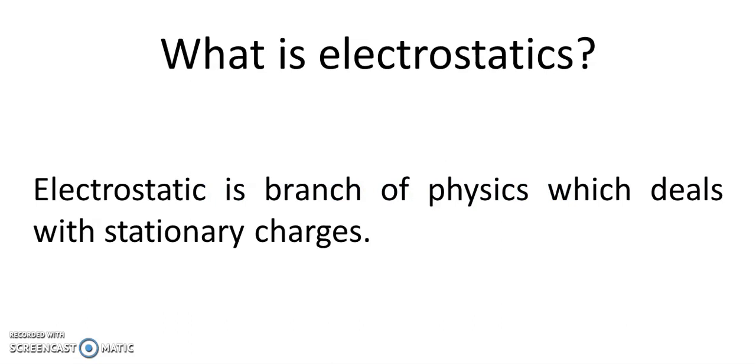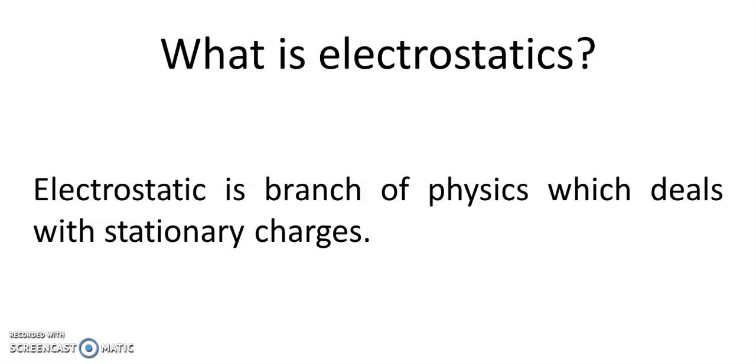Before we see what is electrostatics, we are dealing with charged bodies in this chapter. There are different ways in which an object can be charged. I can charge a particle by friction, or by conduction, or even by induction. But in this chapter, we will see how an object is charged by friction. So what is electrostatics?